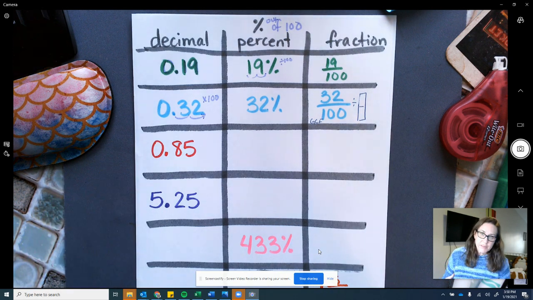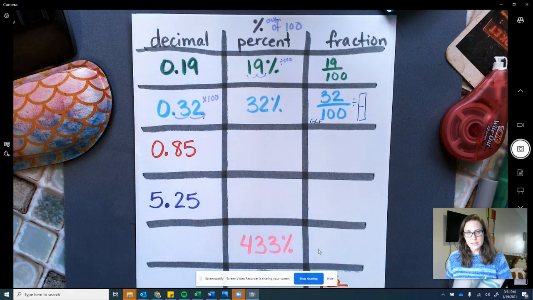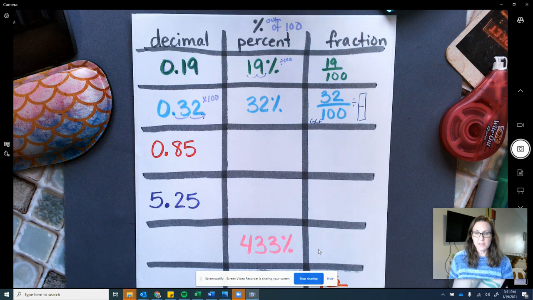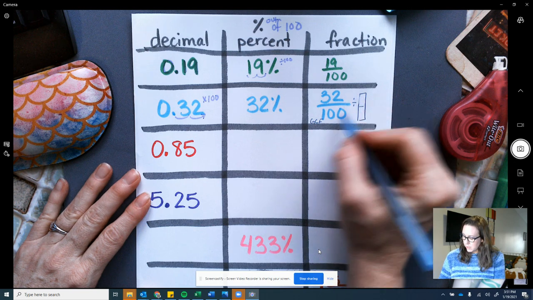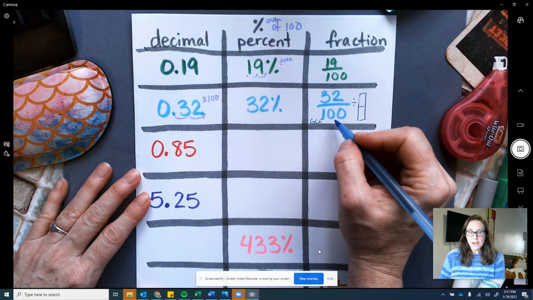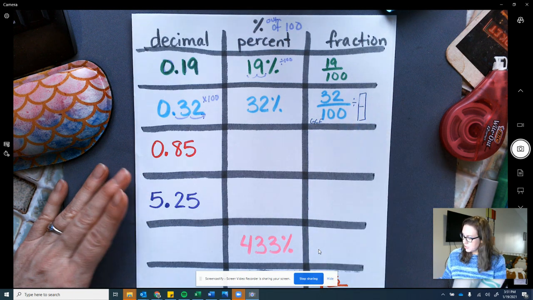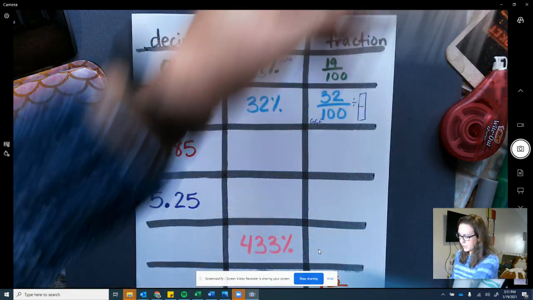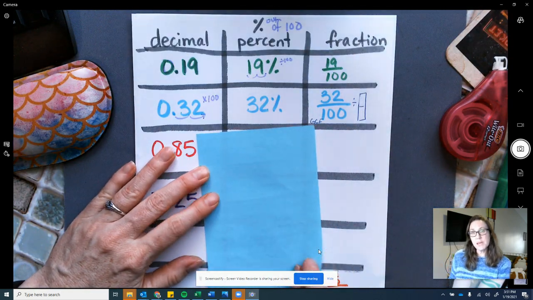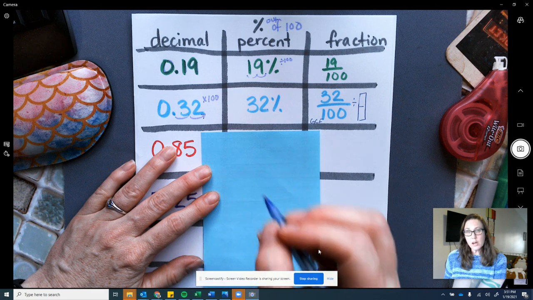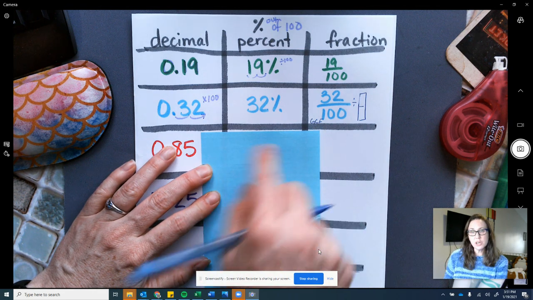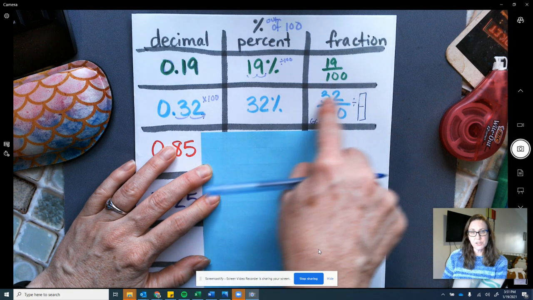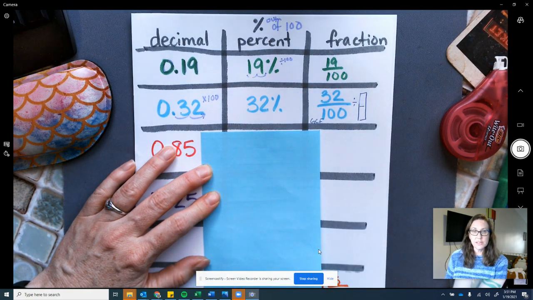Or a common factor simplifies it a little bit, but the greatest common factor simplifies it as low as it can go. So my greatest common factor, if I figure out between 32 and 100, here's something that's going to be helpful to you. It's going to be helpful to just memorize the factors of 100 and then use those to see which one of those factors will go into 32.